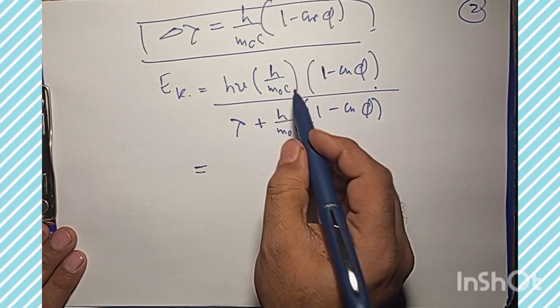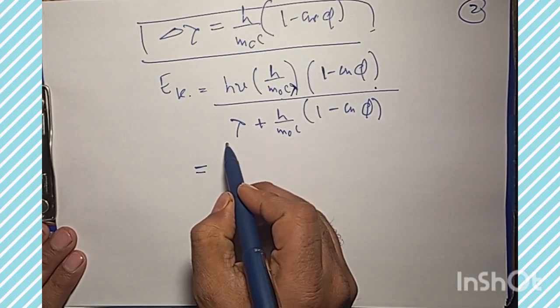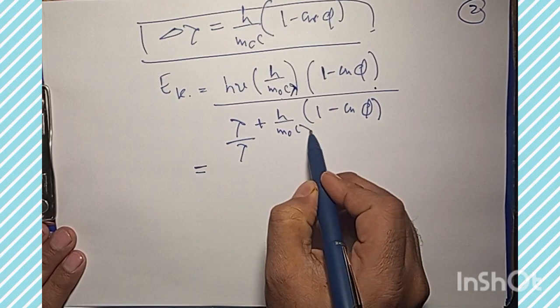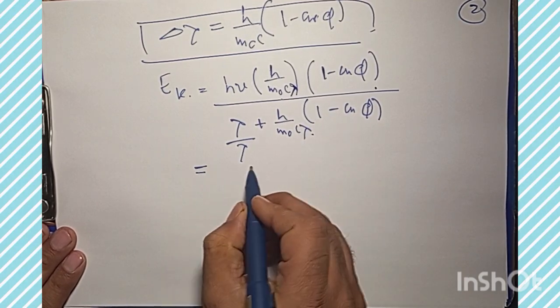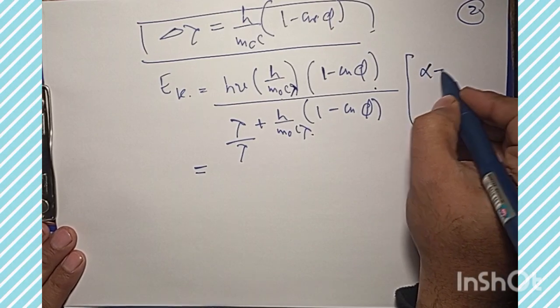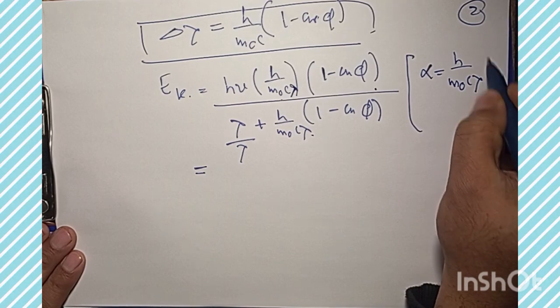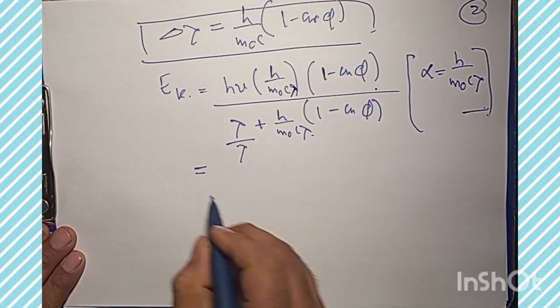Now if I divide this numerator by lambda, I will have to do the same thing in the denominator. In the previous video, we took alpha as h by m naught c lambda. You can check it in the previous video.